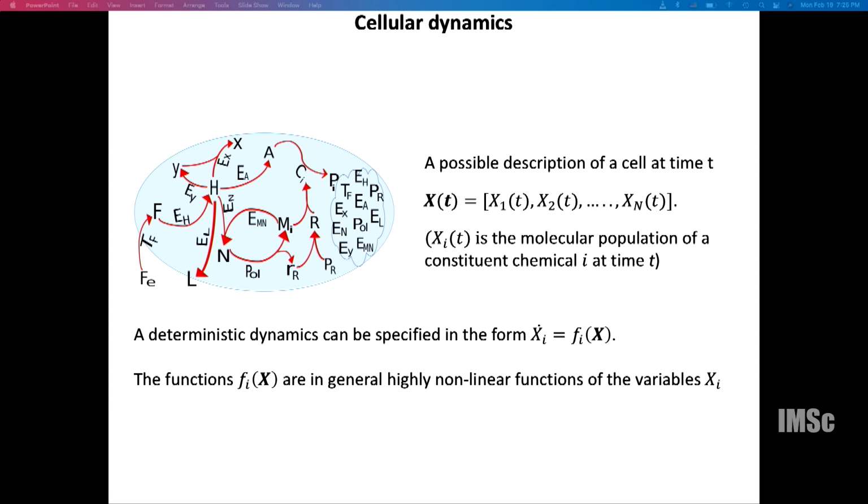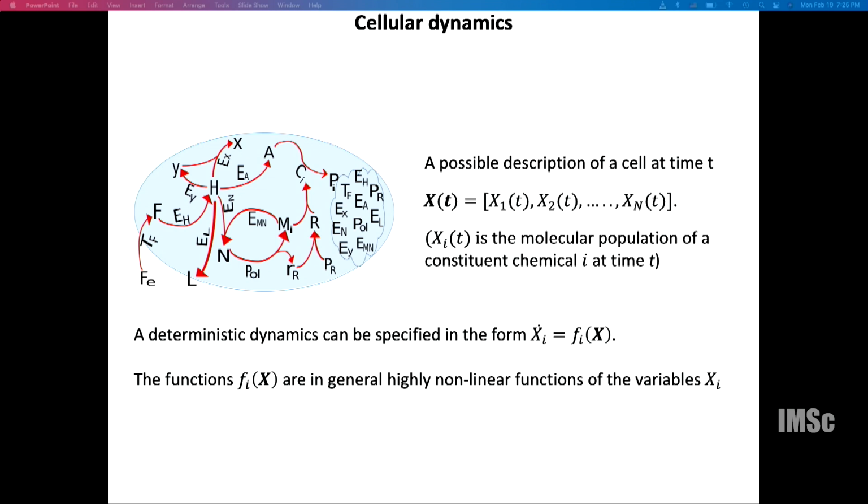Okay, and that is the source of the puzzle: how is it that in spite of this obvious non-linearity, you get an exponential behavior in a steady state of the size of the cell, and each of these chemical trajectories, which is the hallmark of a linear system.